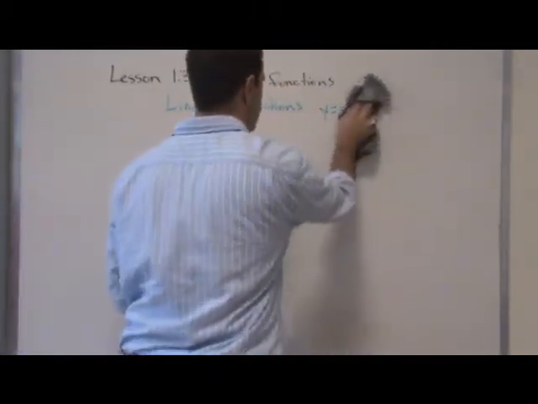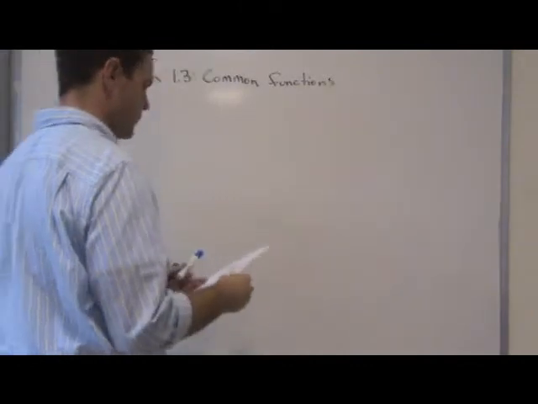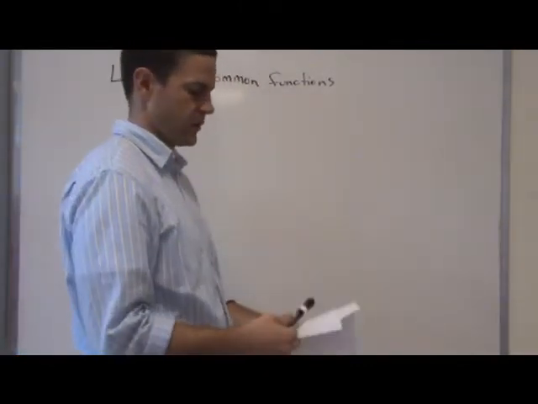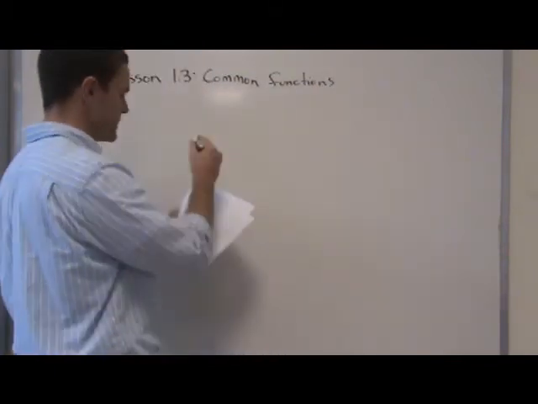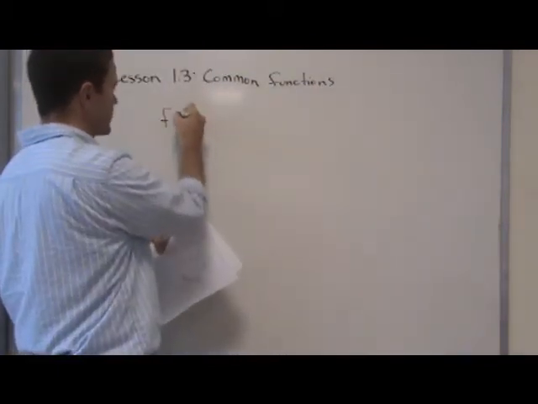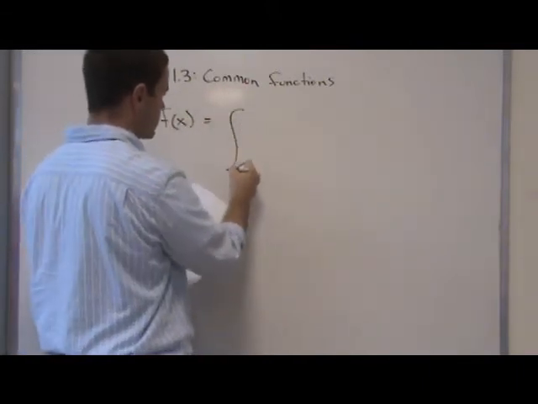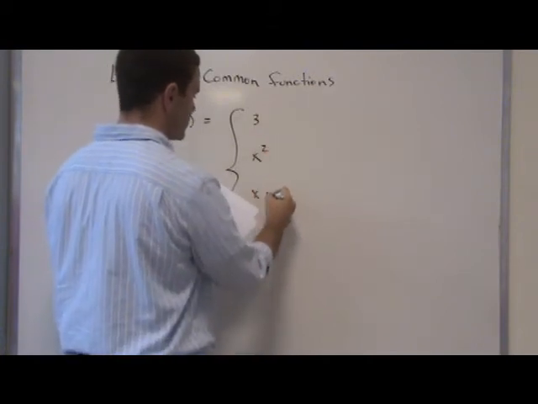Now, the other type of functions that we talked about, well, this might be new to you. It's called a piecewise function. And it probably gets the name because each function makes up a piece of it. So if I have f of x equals 3, x squared, x plus 2.